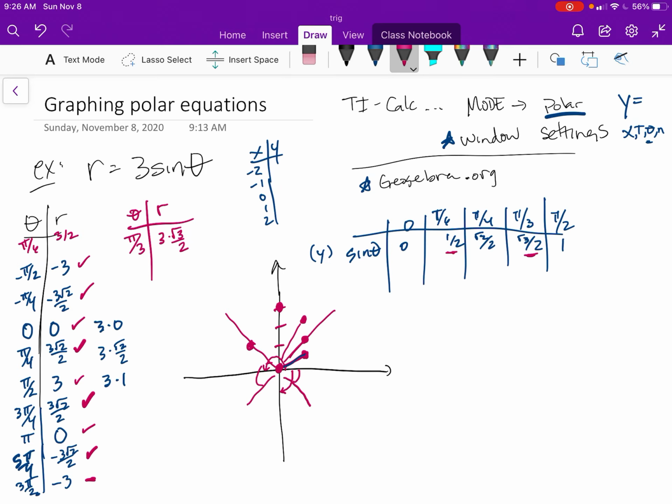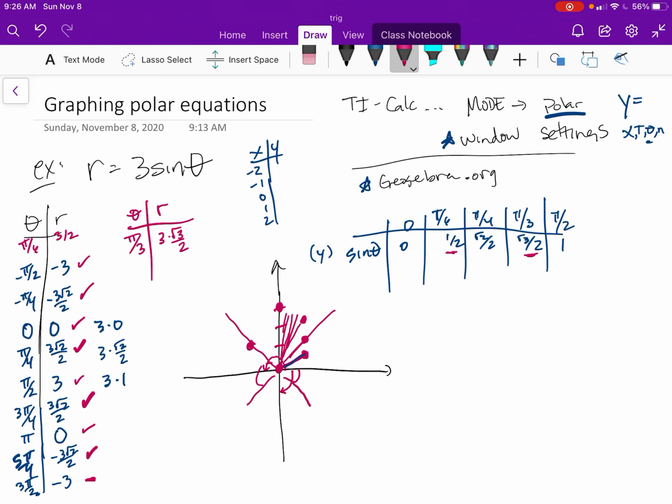I don't know the value of something slightly less than pi over 2, but greater than pi over 3. All these values in here are not on the unit circle.